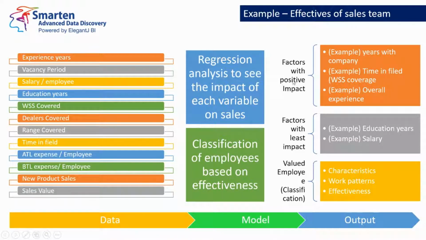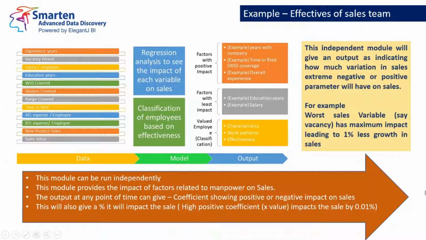It gives the factors which have a positive impact and factors which have the least impact, and you can get a classification based on characteristic work patterns and effectiveness to find more valued employees in the organization. So say, for example, a factor with positive impact would be overall experience, and a factor with least impact would be education years. I mean, hypothetically speaking.